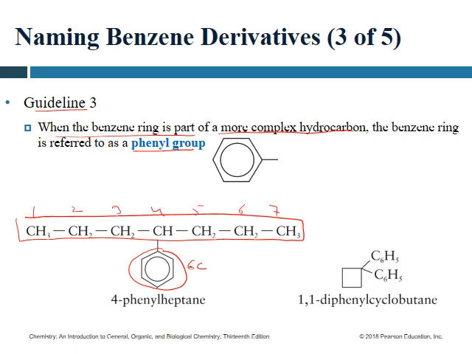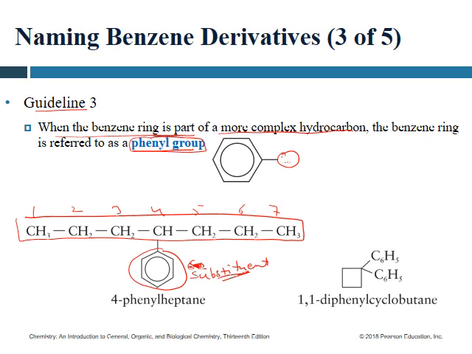So you have more carbon in the substituent compared to the parent chain, which is benzene. So we treat this benzene now as a substituent instead of a parent chain. That's why it says if any group is more complex than the benzene, then we treat the benzene as a phenyl group.